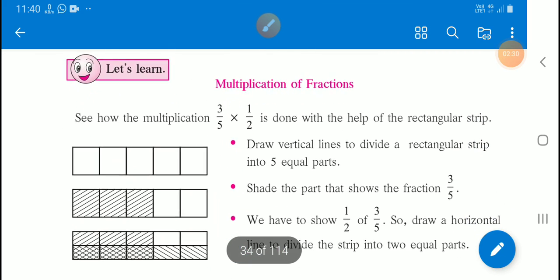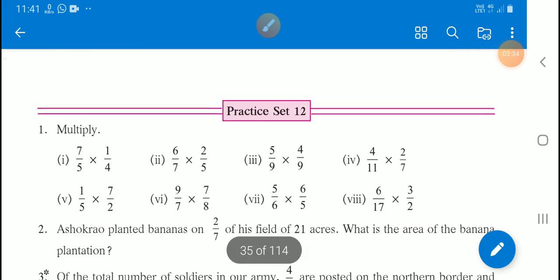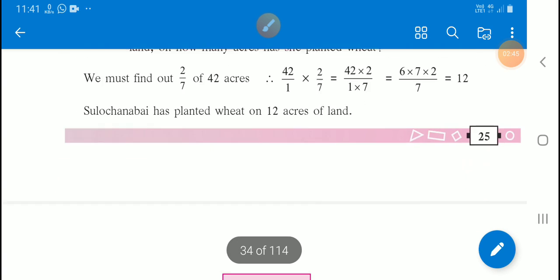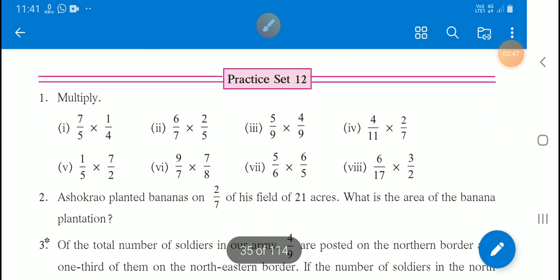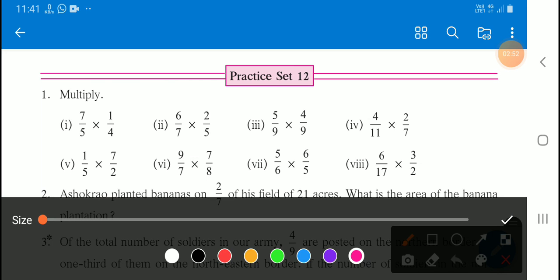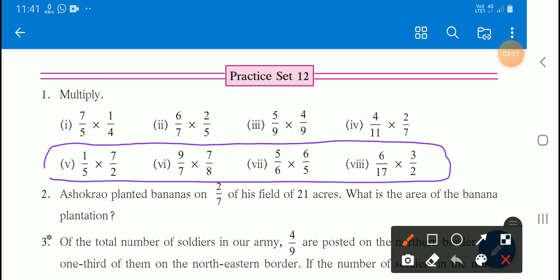Okay, now next we will see multiplication of fractions. While multiplying fractions, one thing you have to keep in mind: multiply the numerator by numerator and denominator by denominator. Now I will tell you a few examples, but first of all keep in mind that examples number 5, 6, 7 and 8 are reduced from your syllabus, so no need to solve these examples.